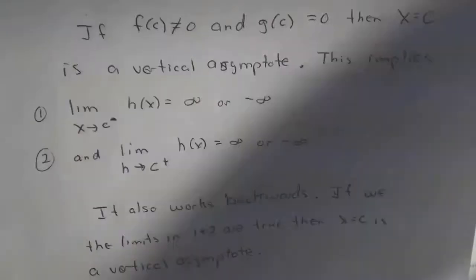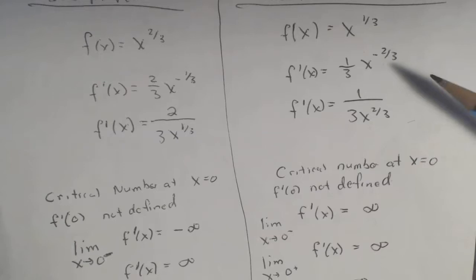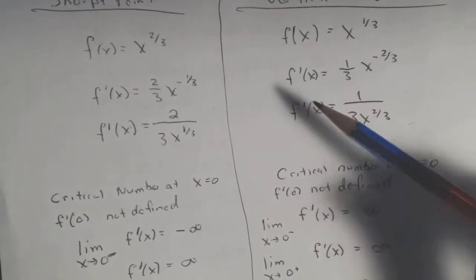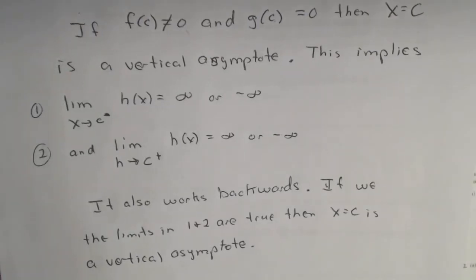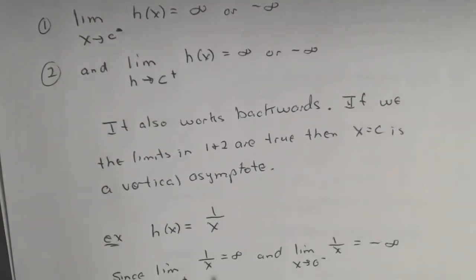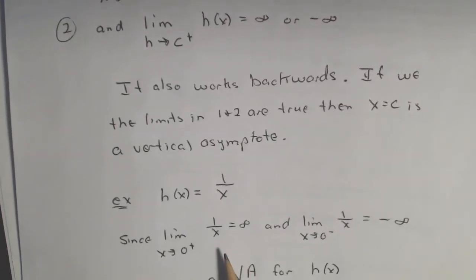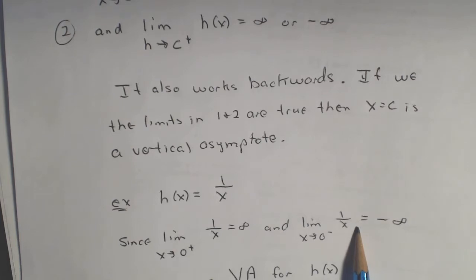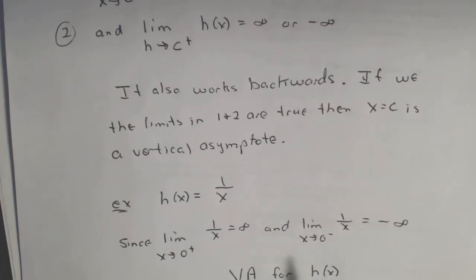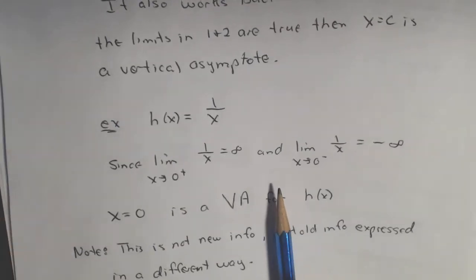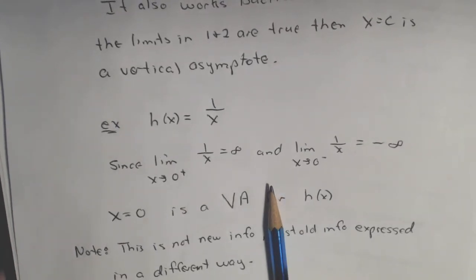On the last page, we were taking limits on the derivative functions. On this page, we're back on the original function, and we're just pointing out that when you have an infinite limit from the left or the right, that means you have a vertical asymptote. The process just works backwards. This isn't new information. It's just our old information expressed a different way.